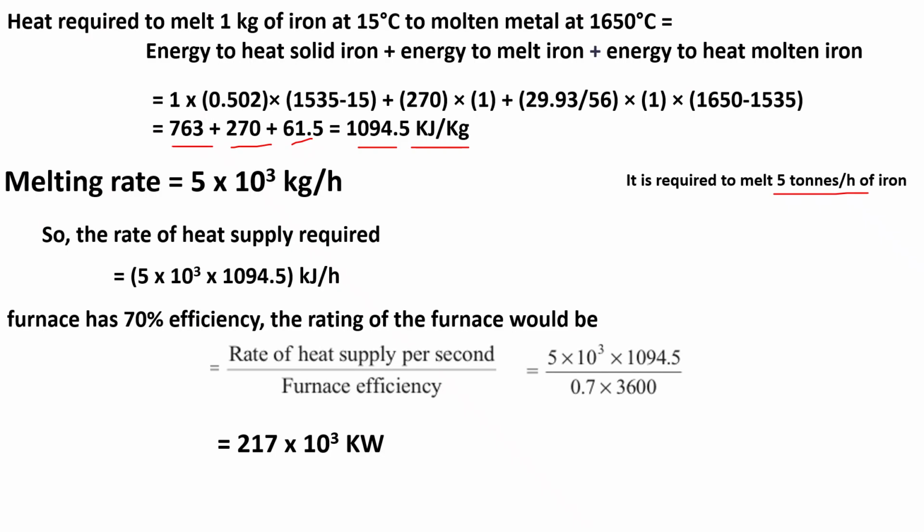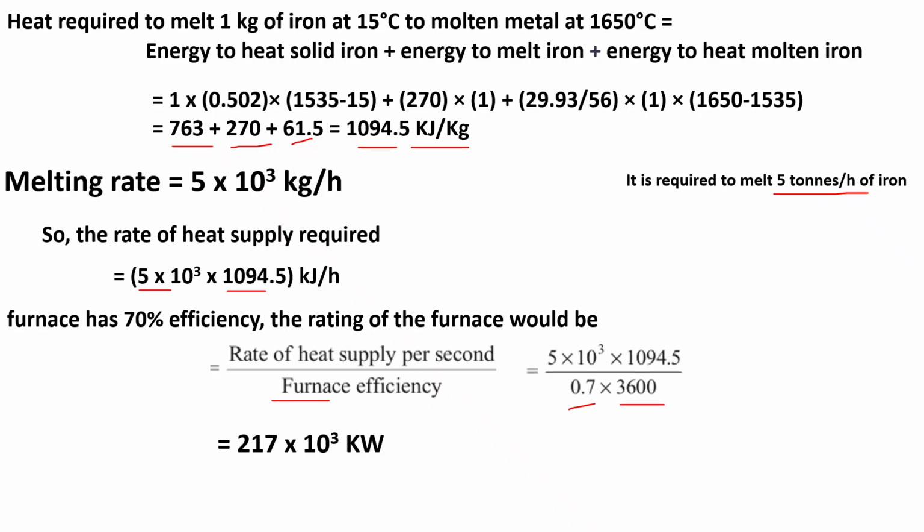Next, if the furnace efficiency is only 70%, then the rating of the furnace would be the rate of heat supply per second divided by furnace efficiency. Here the rate of heat supply per hour equals 5000 into 1094.5. Then I have to convert to seconds, meaning divided by 3600, and the furnace efficiency is 0.7.